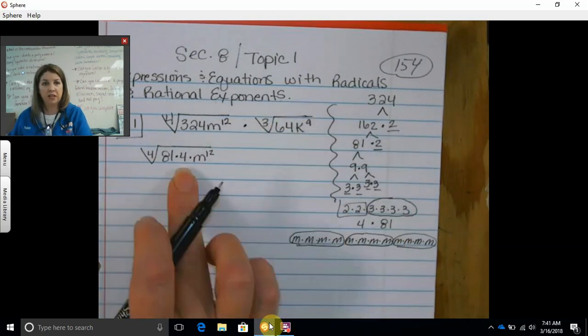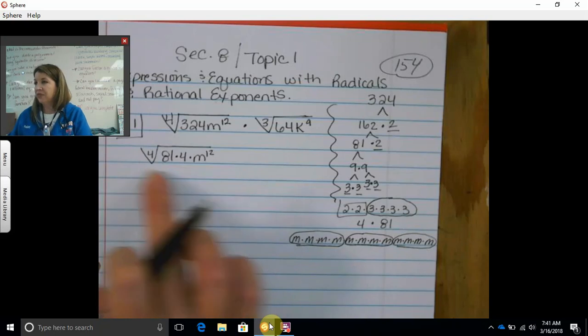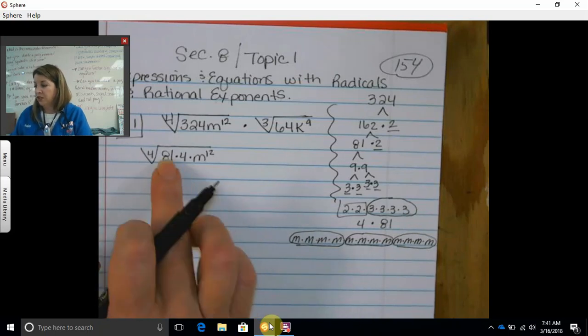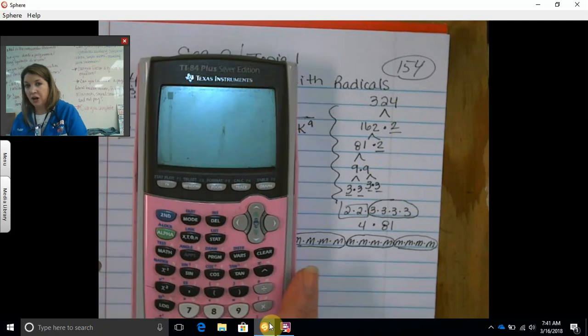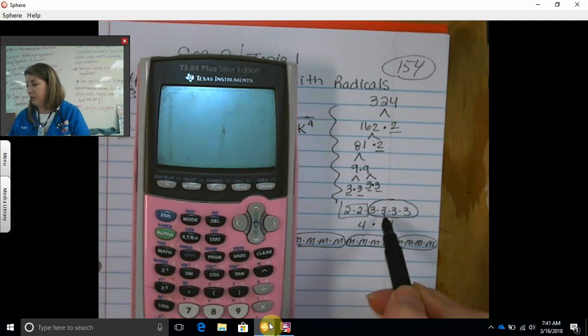Let me just simplify this. Okay, so I've got it rewritten. What is the 4th root of 81? Go back over to your math. How did we get 81? It's 3. If I wasn't sure, take my calculator, although we should be sure because we know that we did 3 times 3 times 3 times 3 to get 81, right?